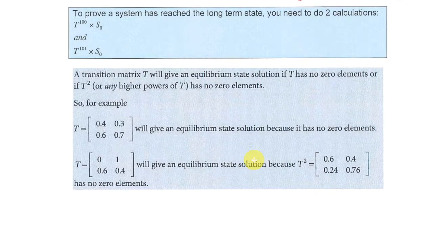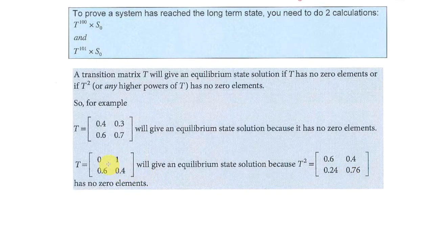So the steady state will be achieved if either of these conditions are true. If there are no zeros in the transition matrix, then we'll be able to obtain the steady state. And also, if we do have zeros in the initial transition matrix, if we then take the square of that, T squared, and there are no zeros in that particular matrix, then we'll also have a steady state solution being possible.